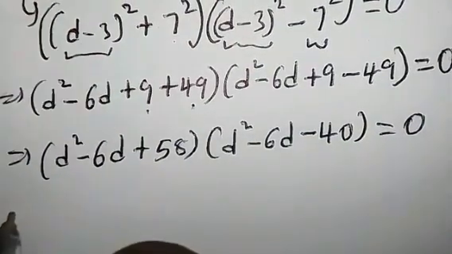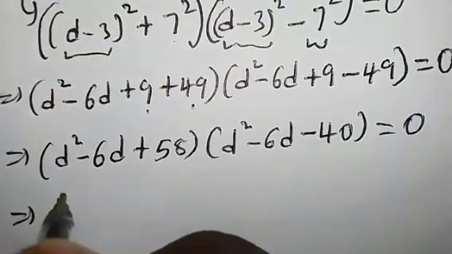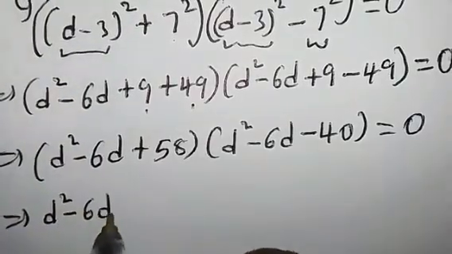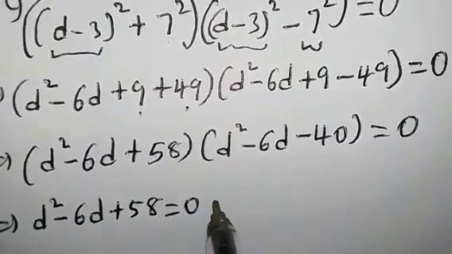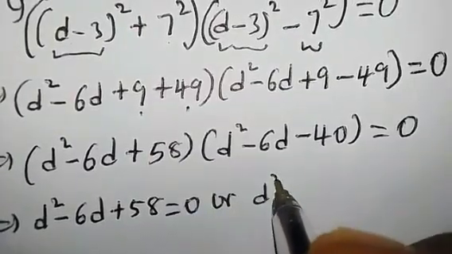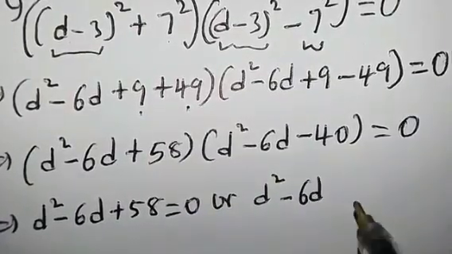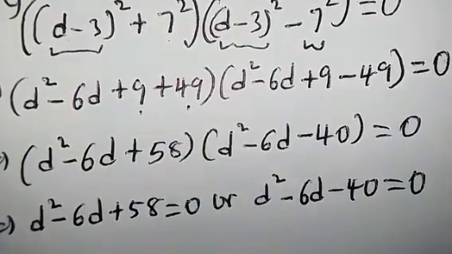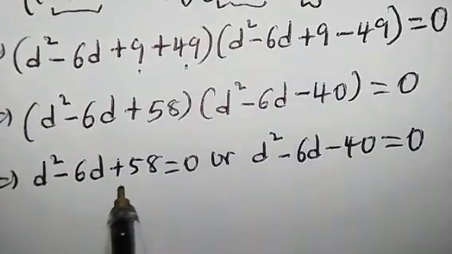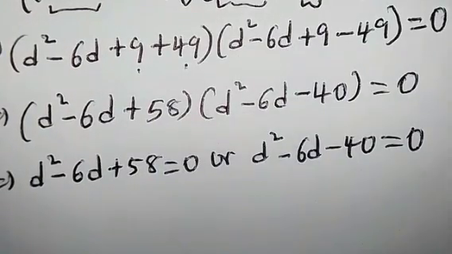This implies that d^2 − 6d + 58 = 0, or d^2 − 6d − 40 = 0. What we have to do now is to solve each of these quadratic equations. So let's take it one by one.